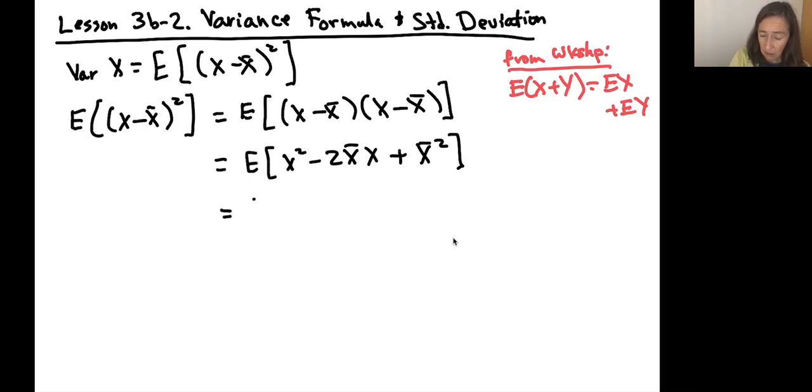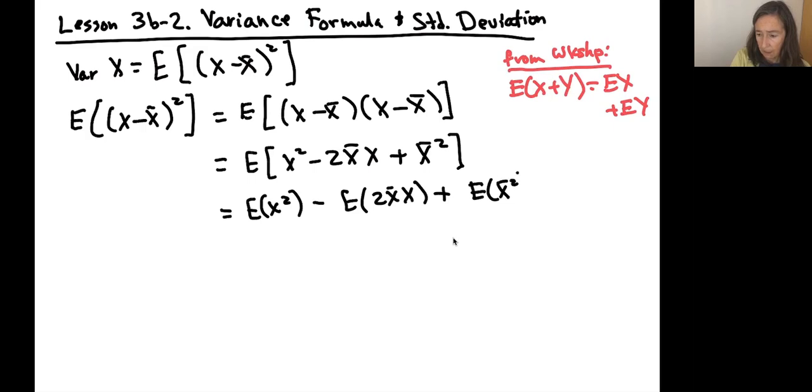So I can just take the expectation operator through: the expectation of x squared minus the expectation of 2 x bar x plus the expectation of x bar squared. So all I've done in this step is I've taken this expectation operator inside the parentheses, or inside the sum, is the way people would think about it.